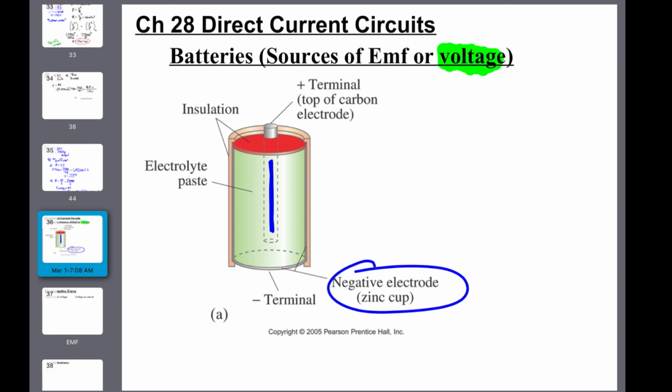There's an electrolyte paste between them, so that reaction occurs at a distance, basically dissolving that center carbon rod through the paste, transferring charge, stripping electrons off of one electrode and depositing them on the other electrode.